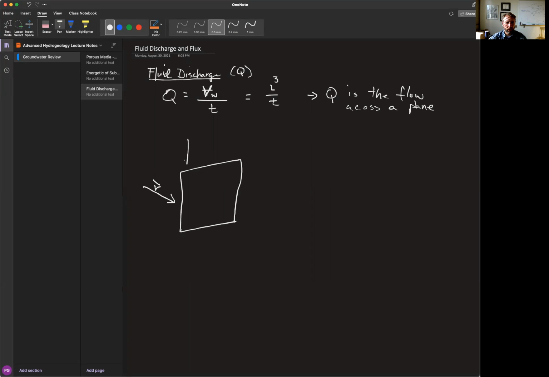And if we have some fluid velocity, randomly oriented compared to our plane, then what we're generally after is the component of that velocity that lies parallel to what we call the normal. The normal, n, is a vector perpendicular or normal to our plane.